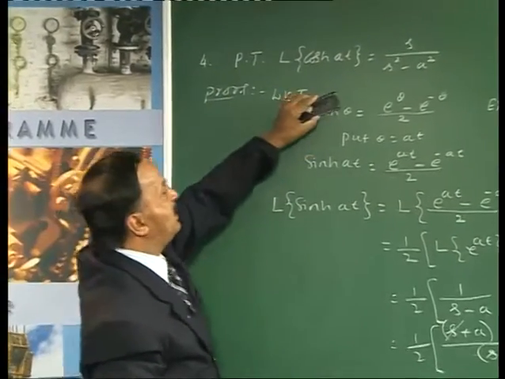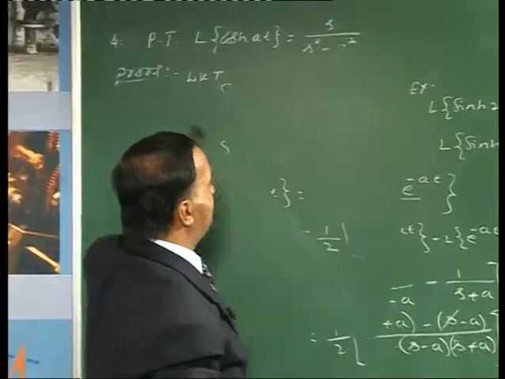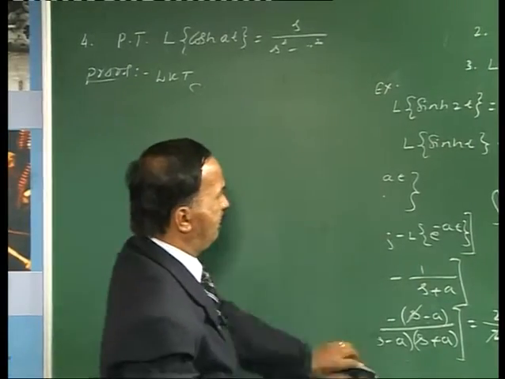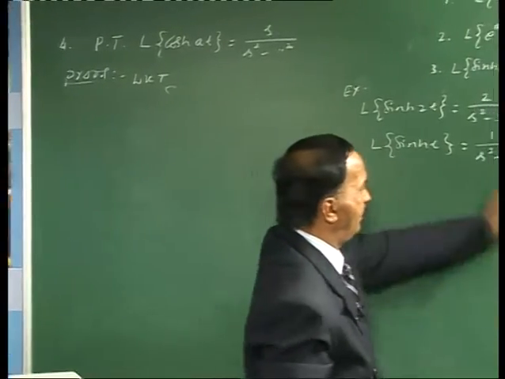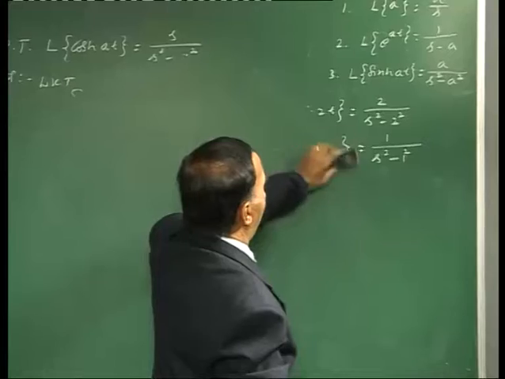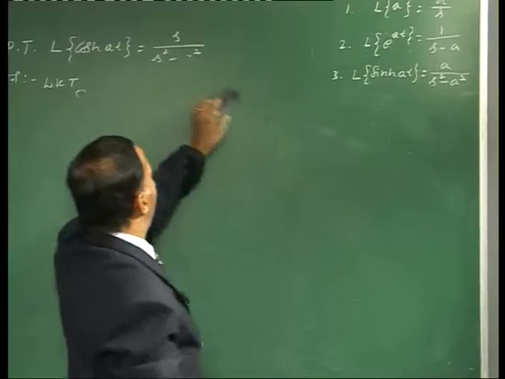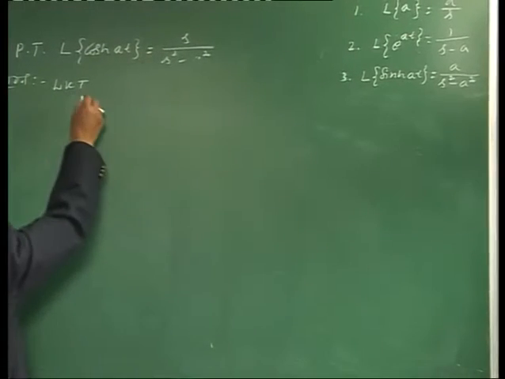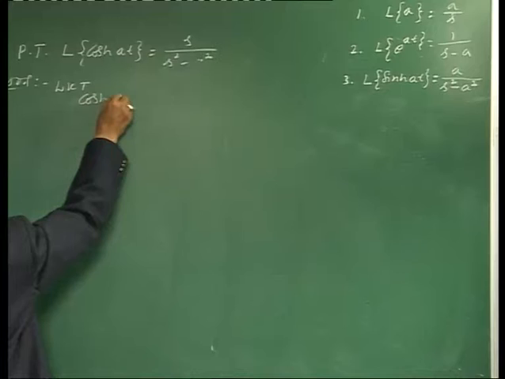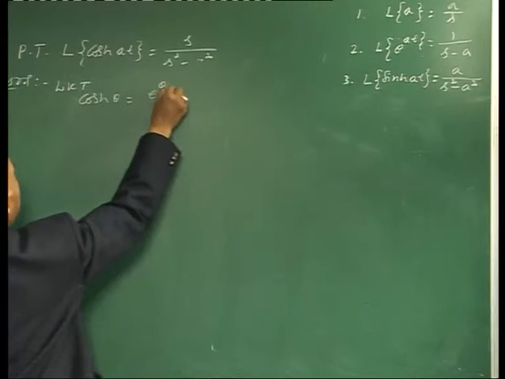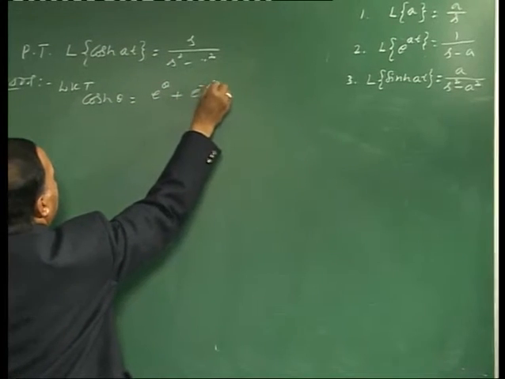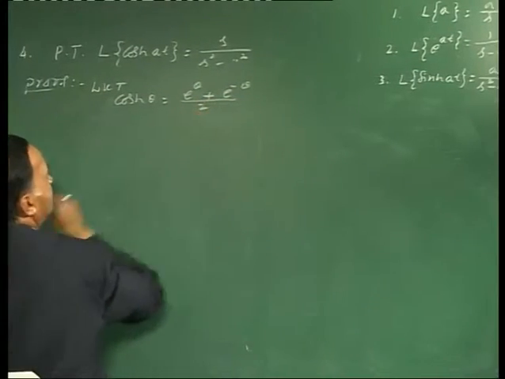Proof, we know that cos hyperbolic theta is equal to e to the power of theta plus e to the power of minus theta by 2.